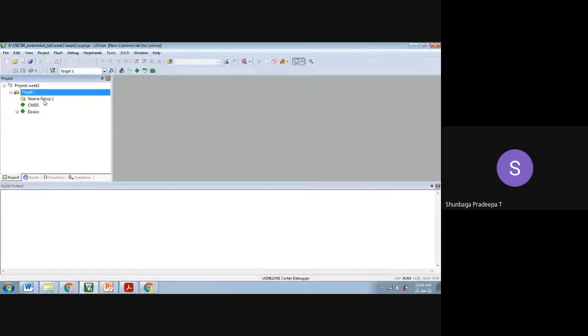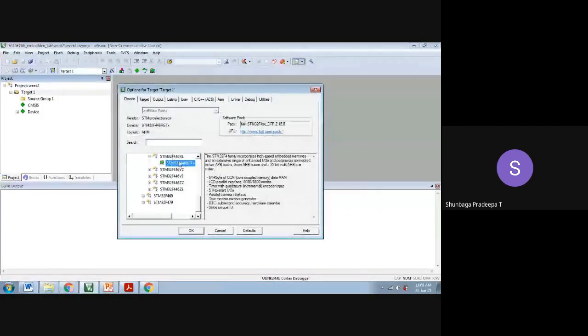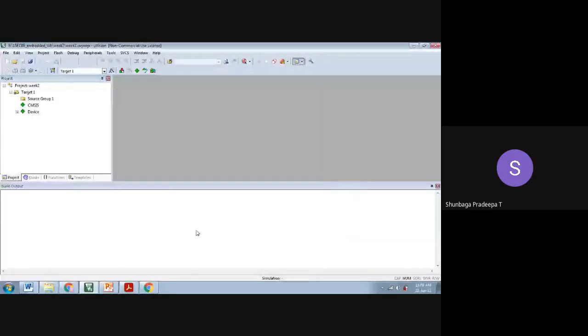Okay. So next thing what you have to do is you have to select the target options here. So what we should verify? We should verify whether our device is selected, and also the debug mode, we are using it as a simulator. Okay, so make sure these two you have done it. So the device is selected and the debug is use simulator. Okay. So the next is you have to create a new file.